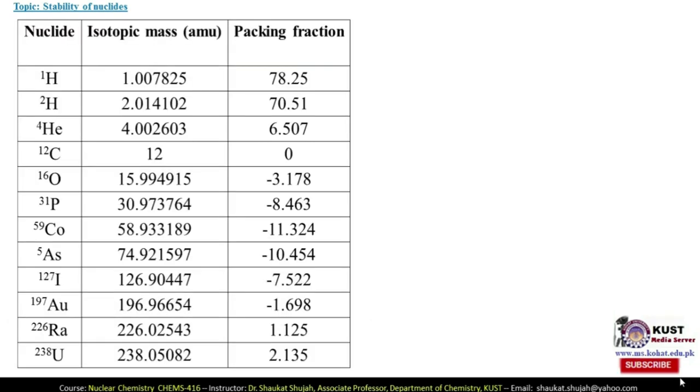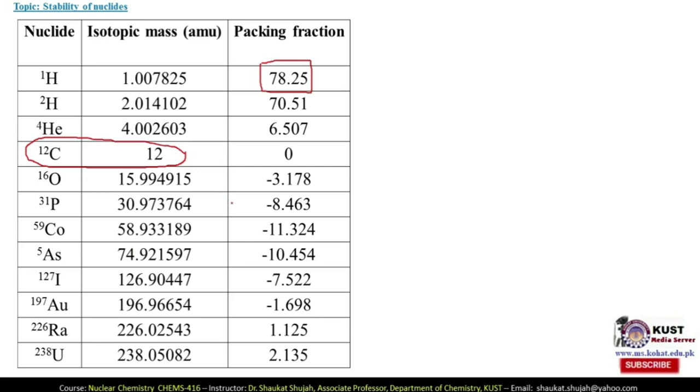Now this table shows packing fraction values for different nuclides, and these calculations have been performed using carbon 12 as the standard for atomic masses. And as you can see, the highest value of packing fraction is obtained for hydrogen, that is around 78.